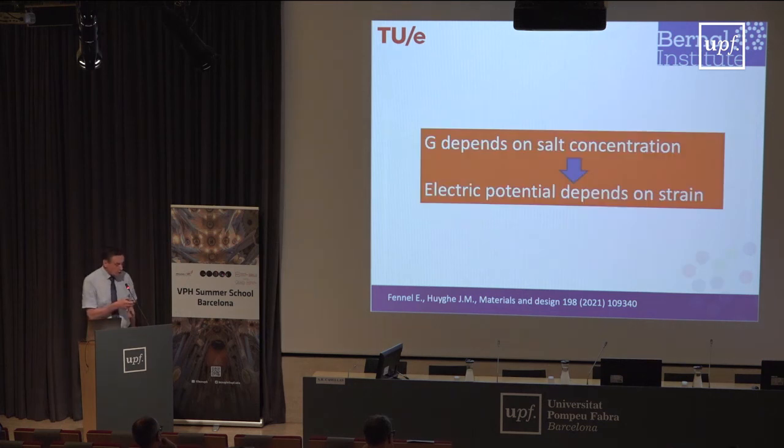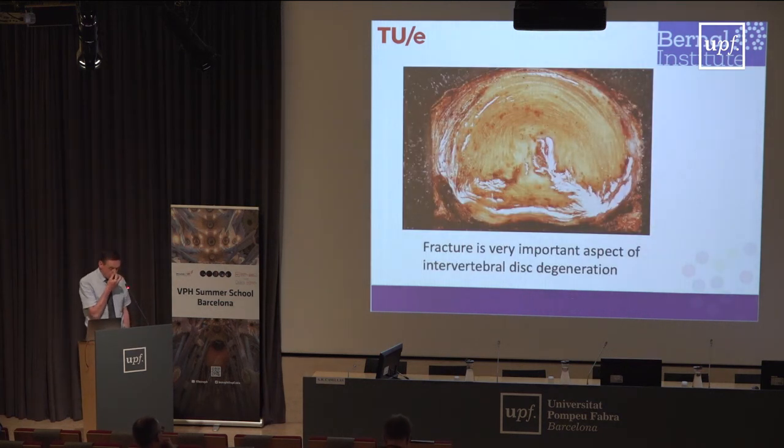All of this we can build into the model so as to represent really what is happening in such a gel. And automatically, when you assume the shear modulus depends on salt concentration, the electric potential also depends on strain, which may be extremely relevant to mechanotransduction as well.